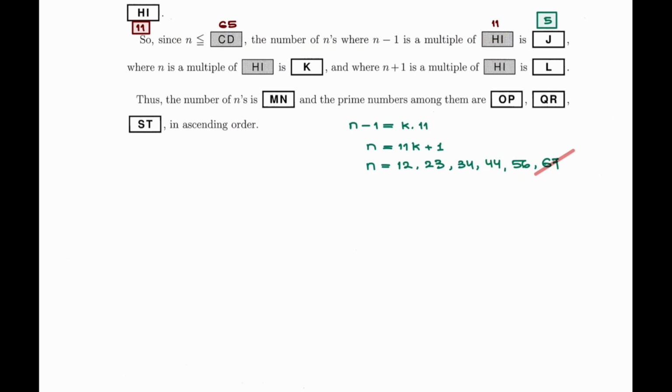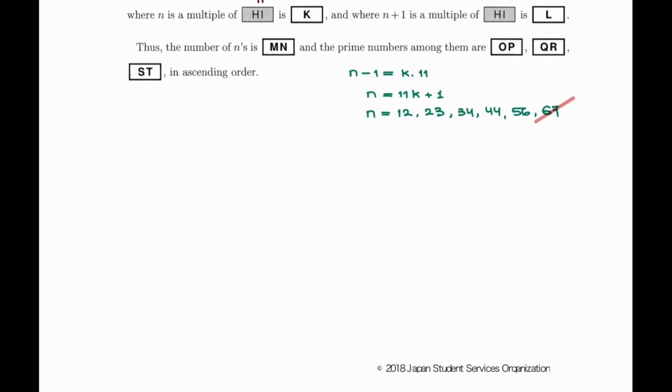By using the same concept, where n is a multiple of 11, we have blah blah blah numbers of n.